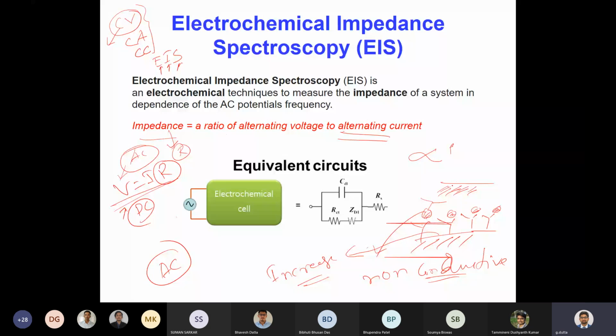So if you measure this impedance value and increase the target concentration, your impedance also will increase, right guys? Is it clear? If you add more and more target on the surface, there is more protein on the surface, so conductivity decreases and impedance increases.